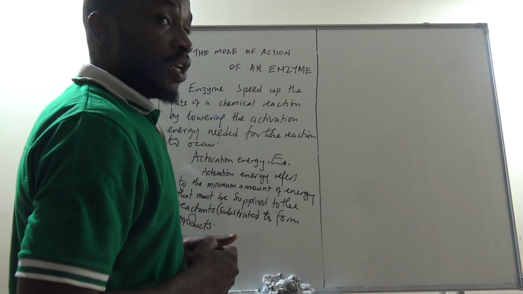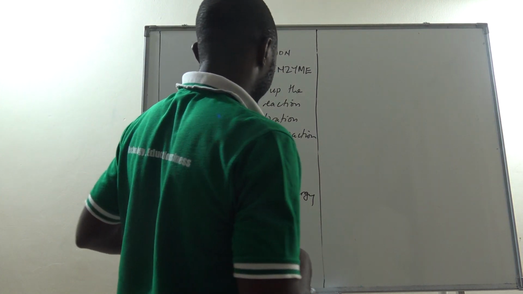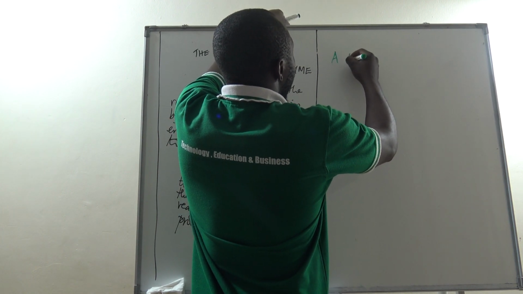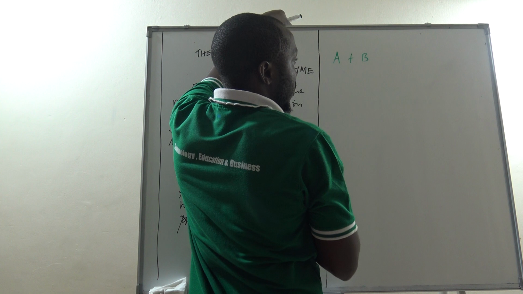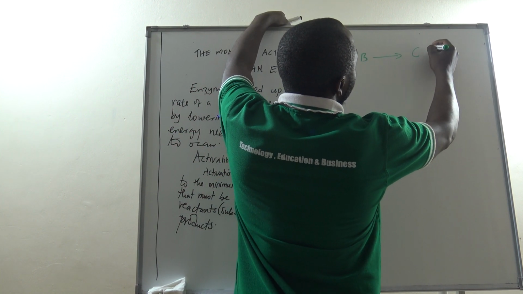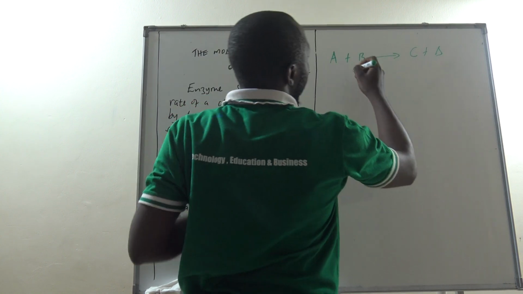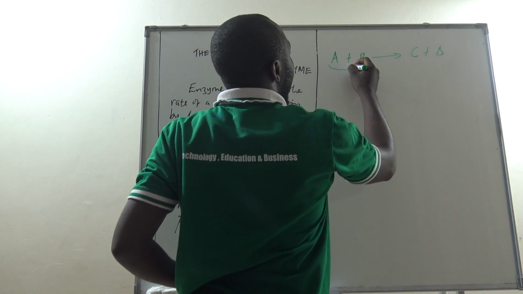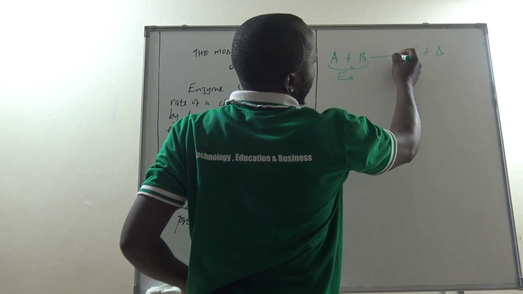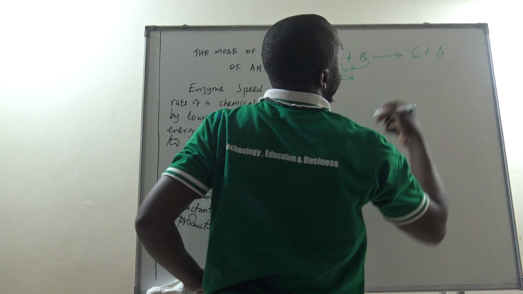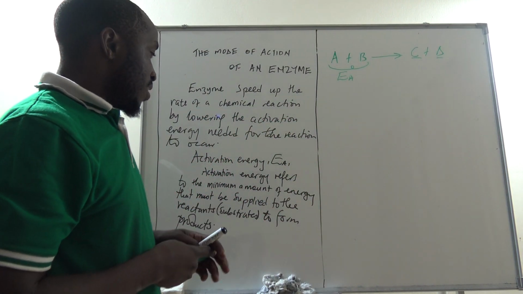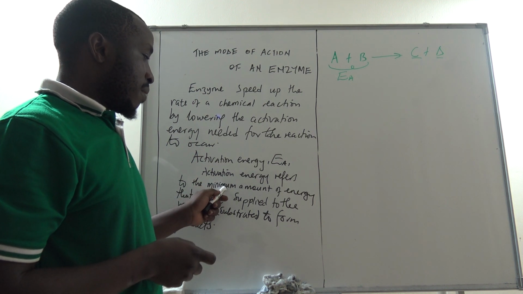Meaning, if you are to illustrate an equation here, if we have A and B reacting together, in order for them to give us, let's say, C and D, the energy we must supply here is EA for them to react and give us new products C and D. So activation energy is minimum.